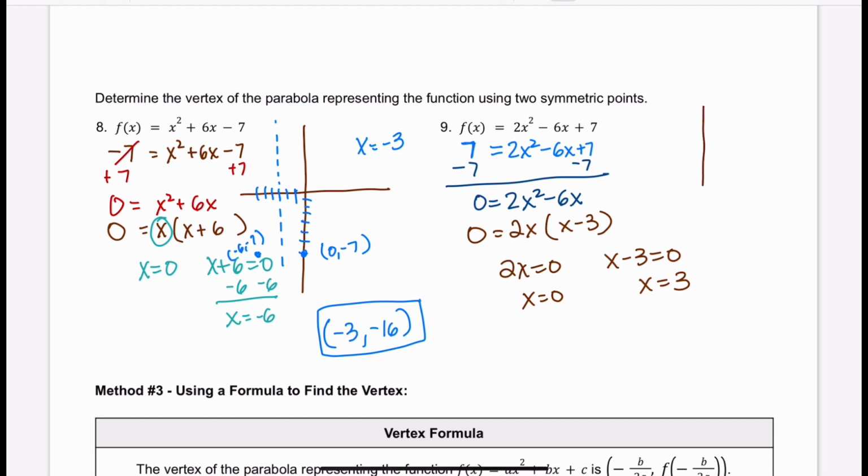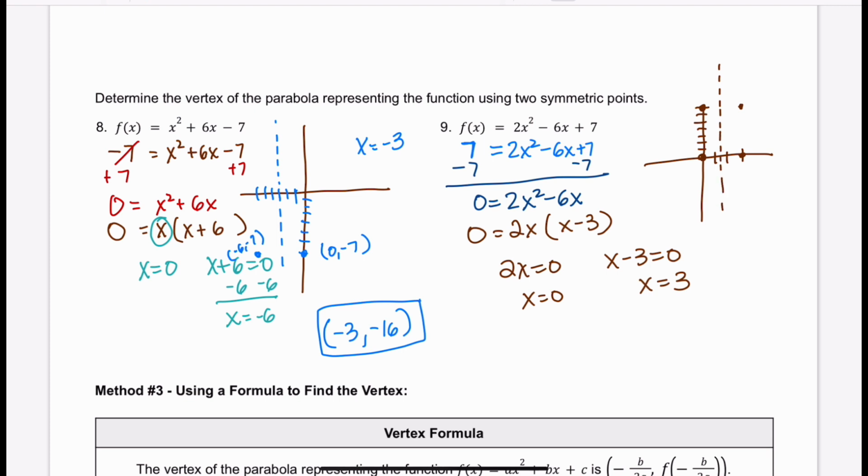So if I have 0 and 3 as my x values, where y is 7, sorry, I should move this up: 0, 7. And then I have at 3, 7. Those are my symmetric points.